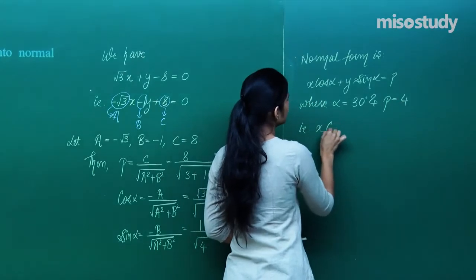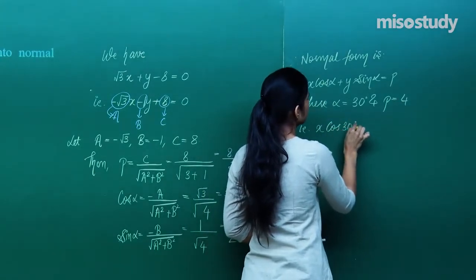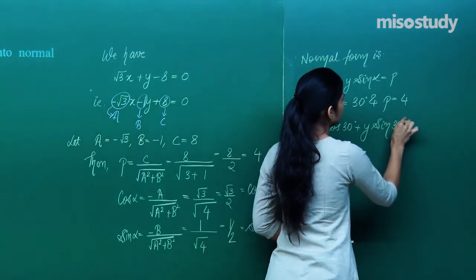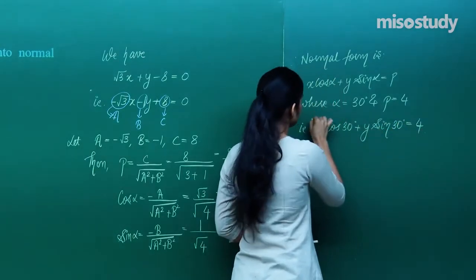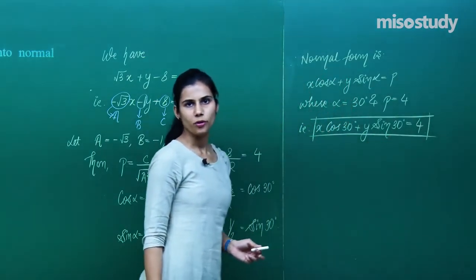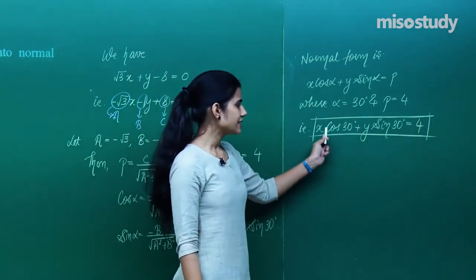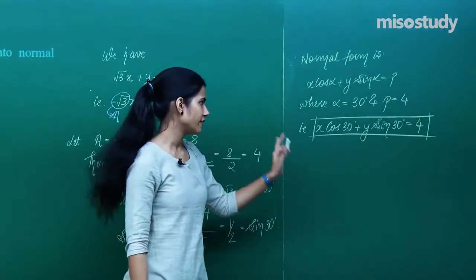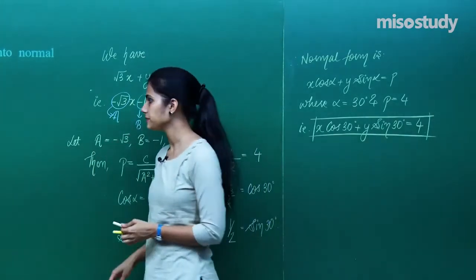That is x cos 30 plus y sin 30 equals 4. This is my very required normal form. You can also write this as x root 3 by 2 plus y 1 by 2 equals 4, actual values of cos 30 and sin 30.